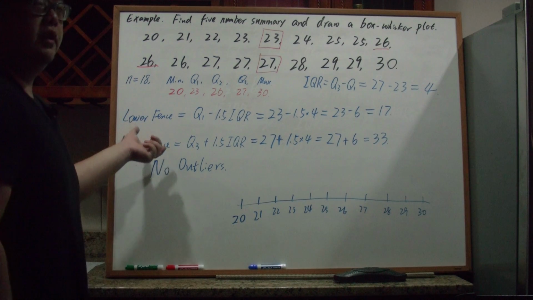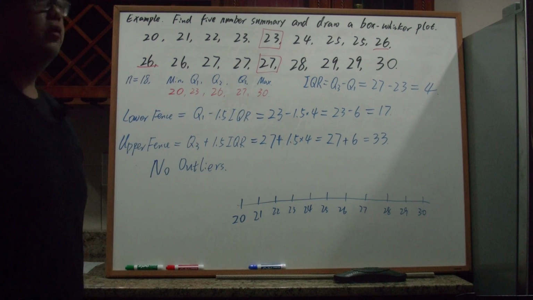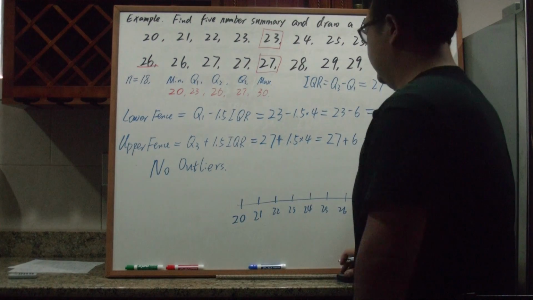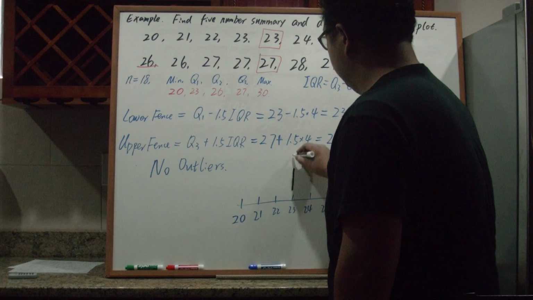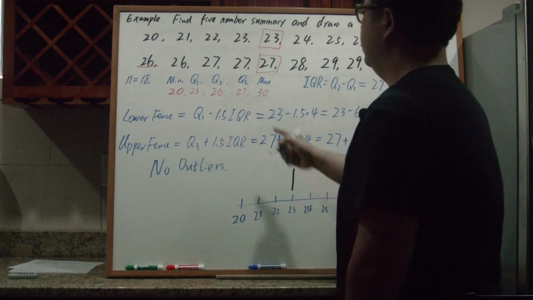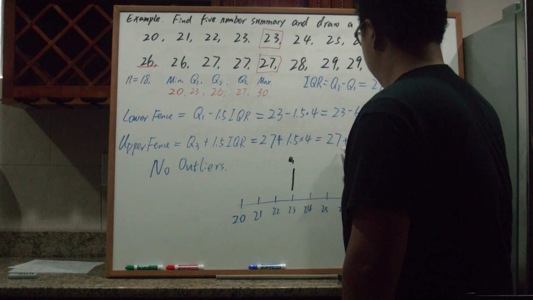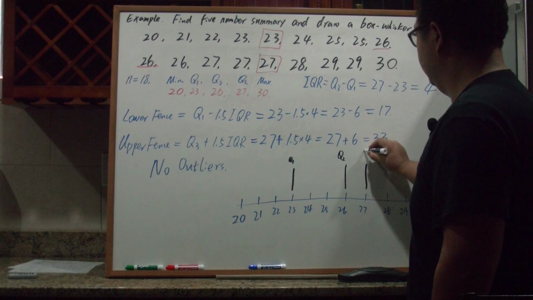If the fence is not applying, then the minimum and maximum will be the endpoints of the whiskers. So first we do the box. First quartile is 23. Second quartile is 26. Third quartile is 27.